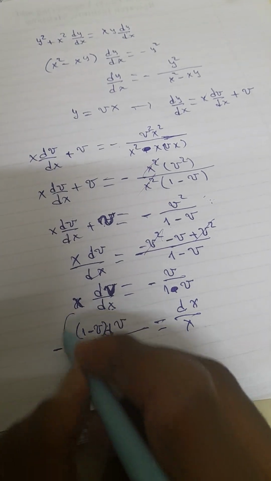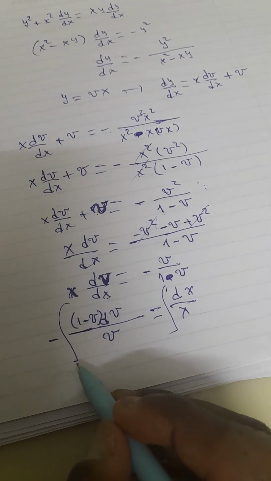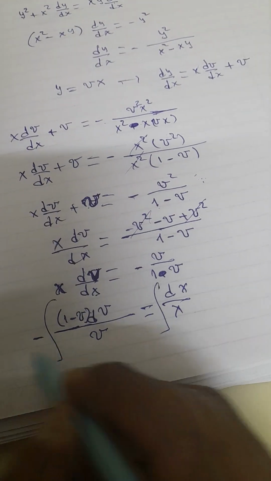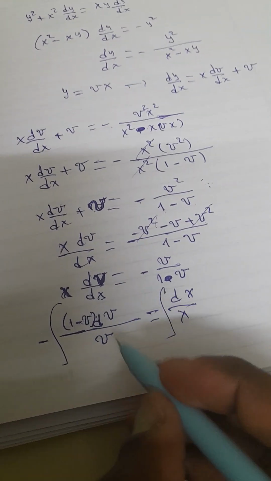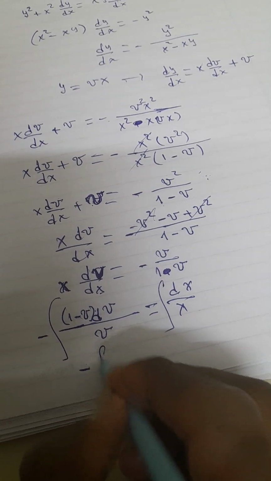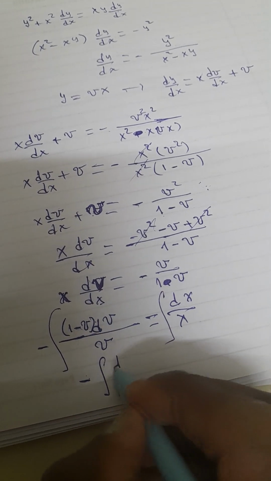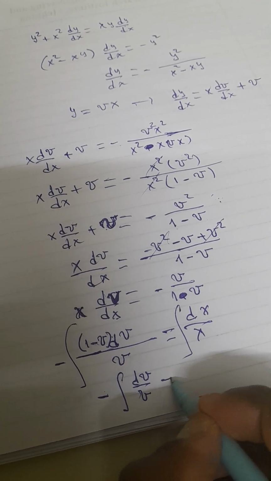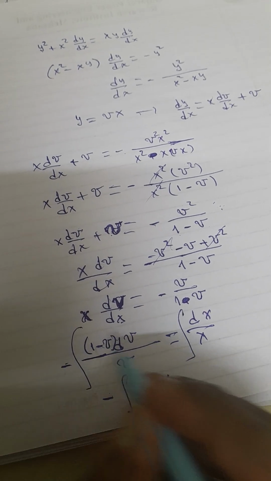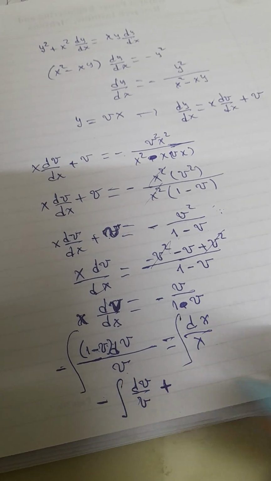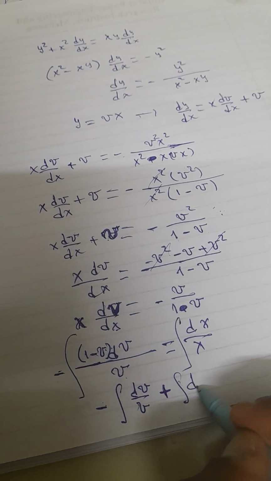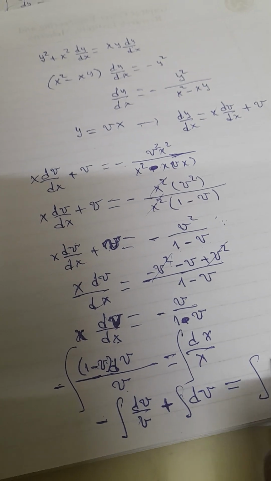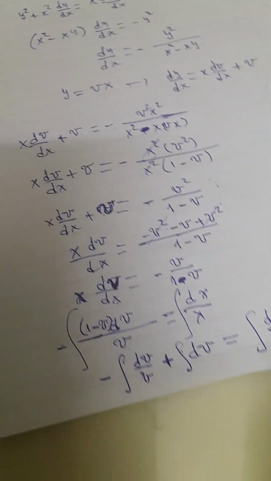Now that you have this, you can just apply integration both sides. So this expression will be minus, this and this will be dv upon v, and plus, because minus and minus is plus, dv upon 1 minus v, equal to dx upon x.